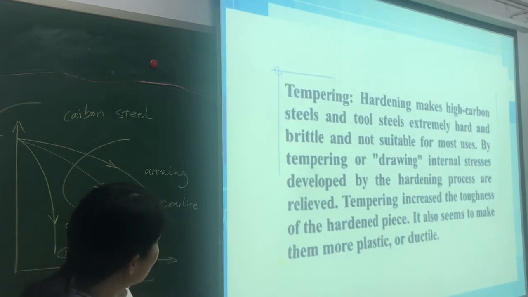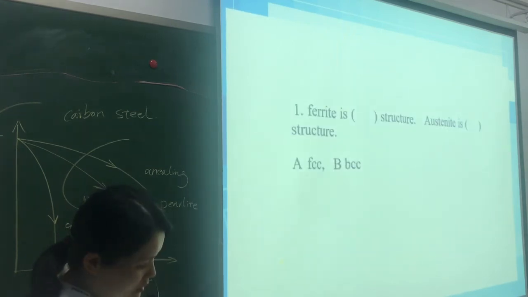After quenching, we usually use tempering. After tempering, the material will become more plastic and ductile.